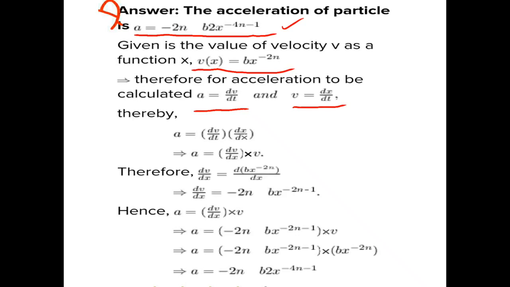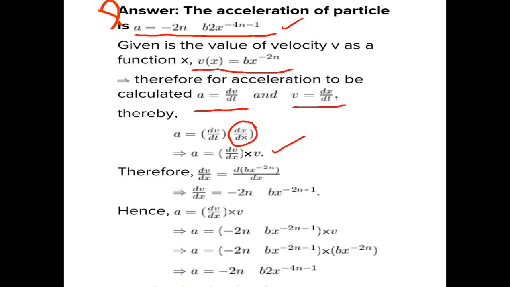Here acceleration we are writing dv by dt, we are multiplying and dividing by dx, so the value will not change. Here we are rearranging so as to get this formula, dv by dx into dx by dt can be written as v.